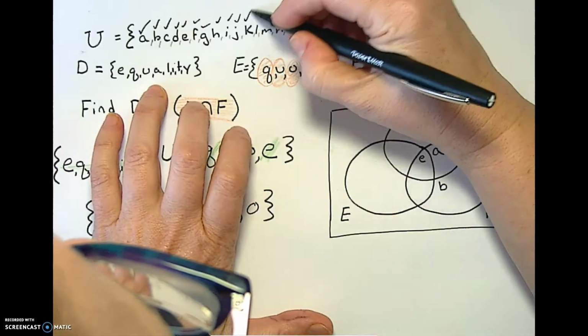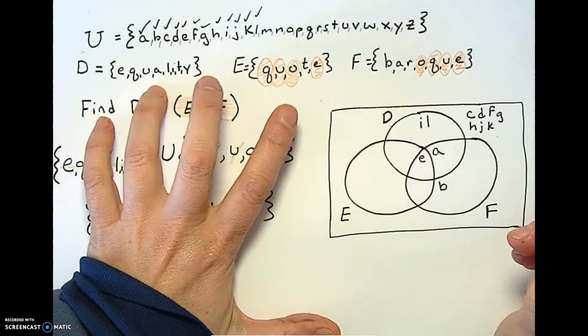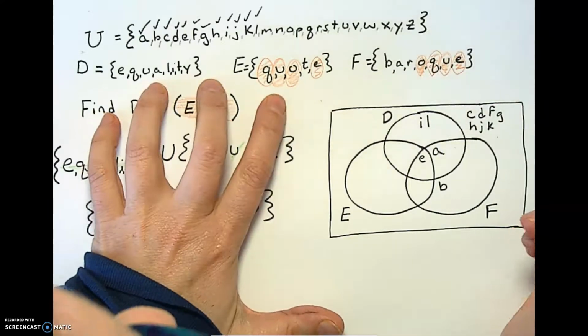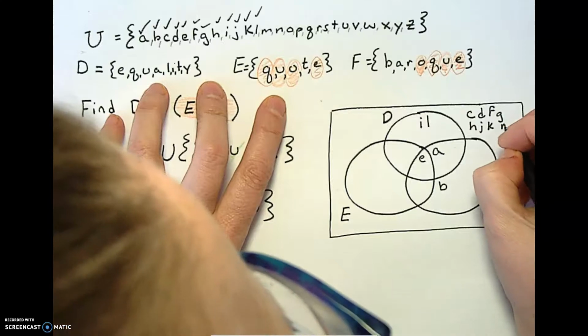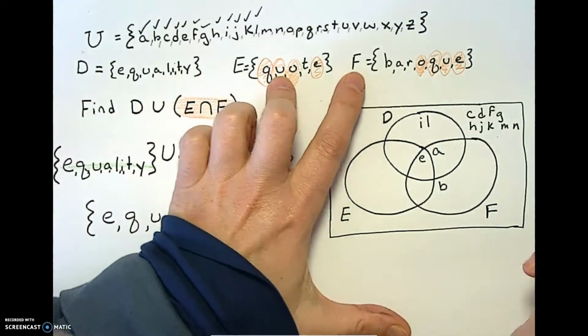So J, K, L, and then we're going to do M and O. There's no M and no N in any of these. So M, N, and then O is in quote and Baroque.